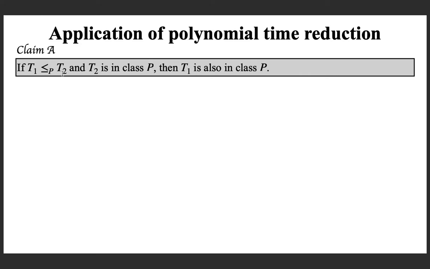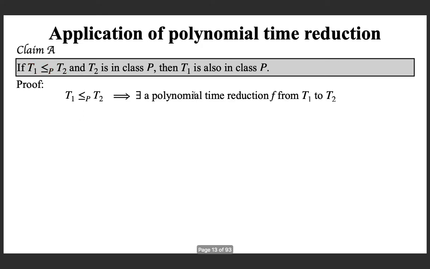And to prove this, you need to know the definition of polynomial time reduction, which is what we did in the previous lecture. Now look at the proof. The claim assumes that T1 is polynomial time reducible to T2. Then by the definition of polynomial time reduction, there exists a polynomial time reduction function f from T1 to T2.